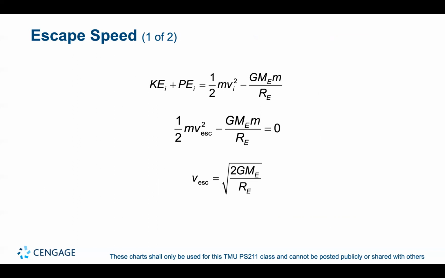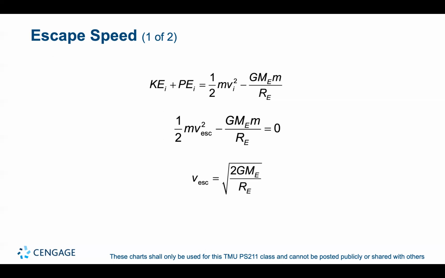It is also commonly called the escape velocity, but more properly you could consider it a speed. The Earth's escape speed can be found by applying conservation of energy. Suppose an object of mass m is projected vertically above the Earth's surface with an initial speed v_i.